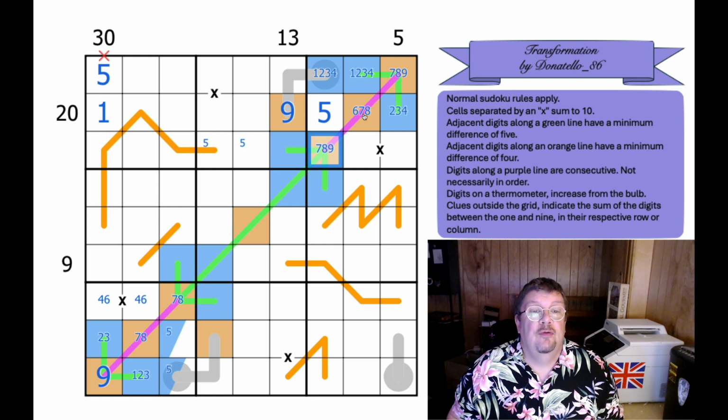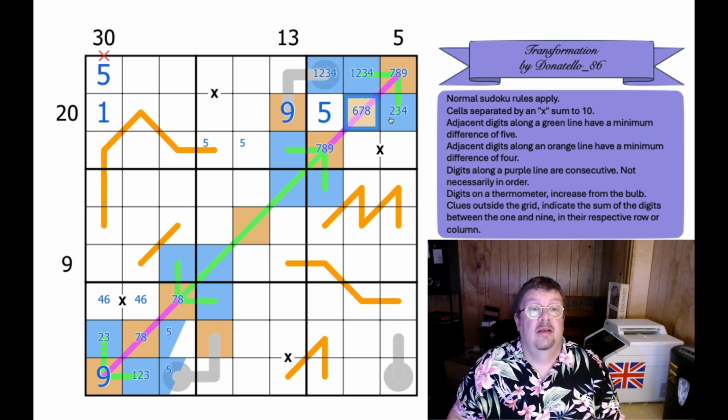All right, so if this digit were a 6, then we'd have a 6, 7, 8 triple on the Renban. That would force 9 and 1 into here. But if this is a 6, then because of that 20 clue, this needs to add up to 10, and that would be a 4.